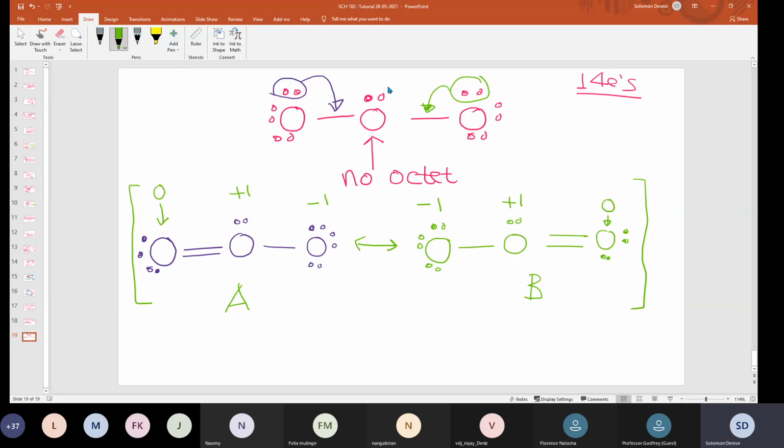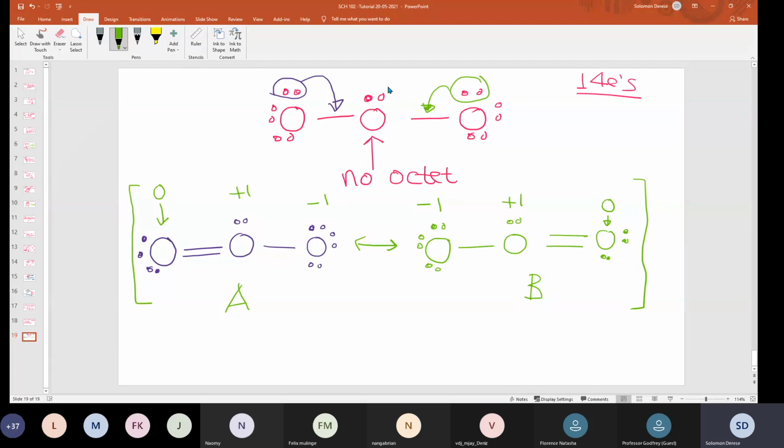So resonance will come in as a theory when we fail to represent the structure of a molecule with a single structure. When that happens, we have resonance. So we have these two.